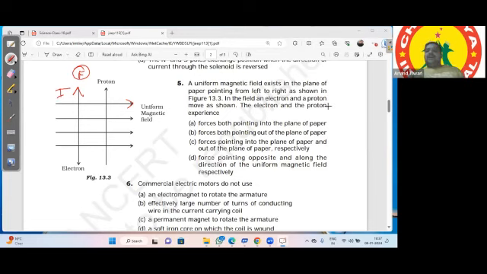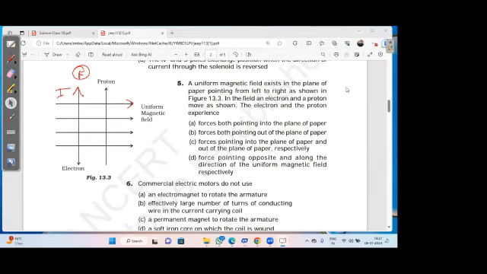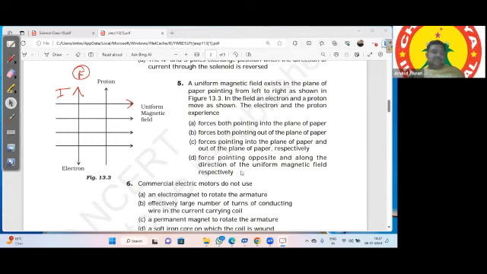Are you able to see my fingers, or is it becoming blurred? Sir, it's a bit blurry. Okay, just let me check. If I remove the blur, then the logo will be removed.